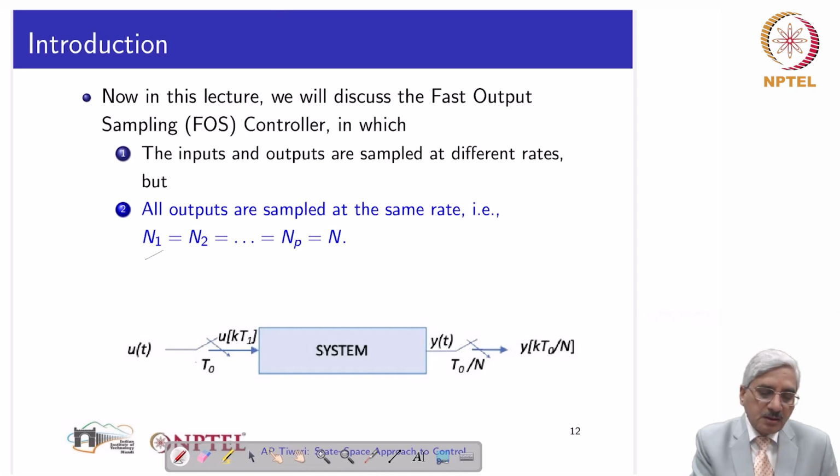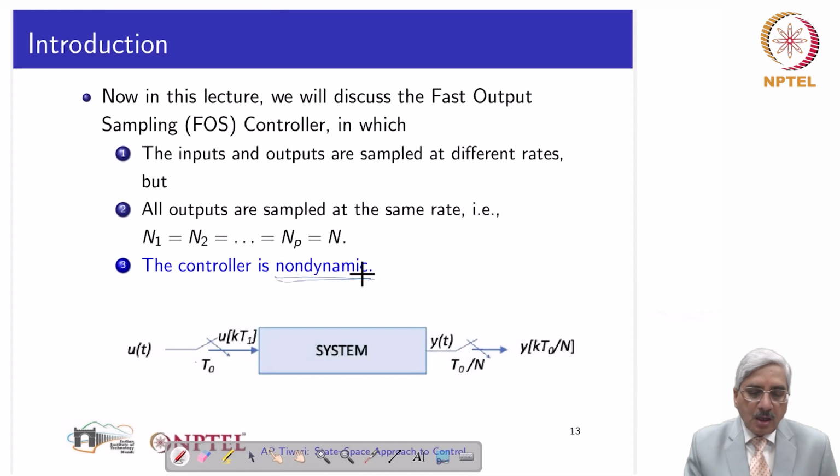That means N1, N2, etc., Np all are equal, and they are equal to integer n. The second difference is that in the fast output sampling control, the controller is non-dynamic. It depends only on the values of the samples of output collected during one sampling interval.